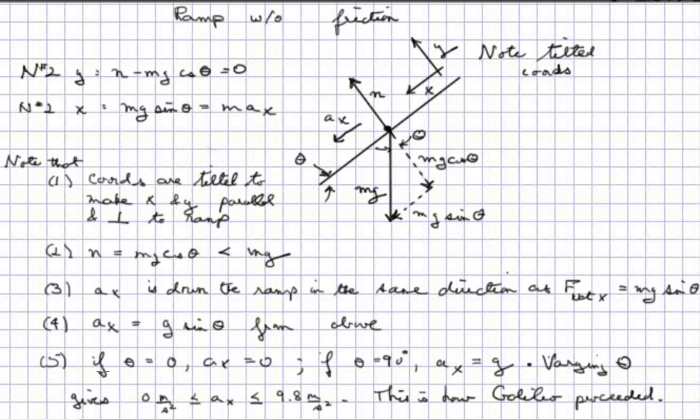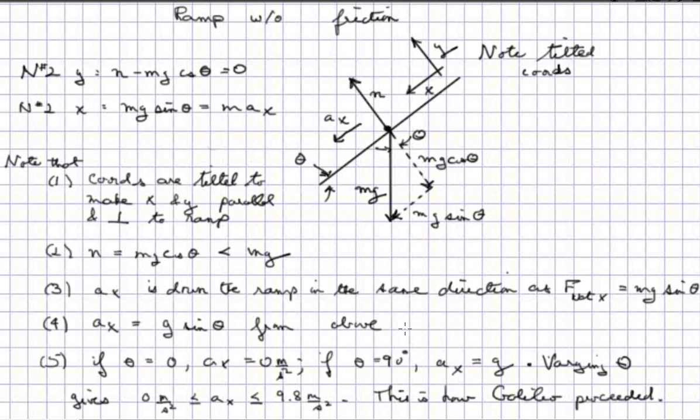Two special cases. If the ramp is horizontal, theta is equal to 0, and in that case, a sub x is equal to 0 meters per second per second. That's one extreme case, and the other extreme case is if theta is equal to 90 degrees, that would be equivalent to having the ramp vertically upwards.